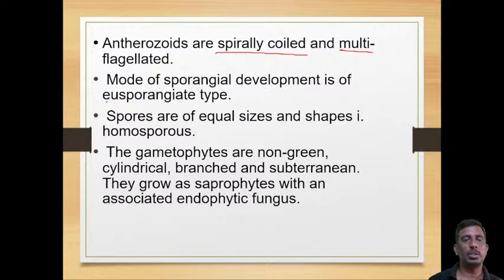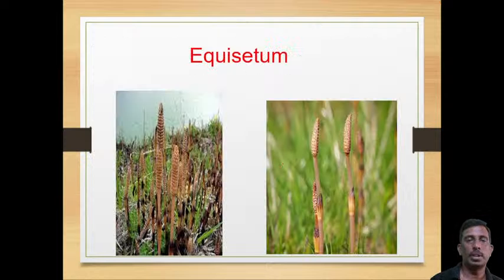Development of the sporangium is of the eusporangiate type. Here you can see the homosporous condition. The gametophyte is non-green, cylindrical, and associated with an endophytic fungus. What you are seeing is the picture of Equisetum.